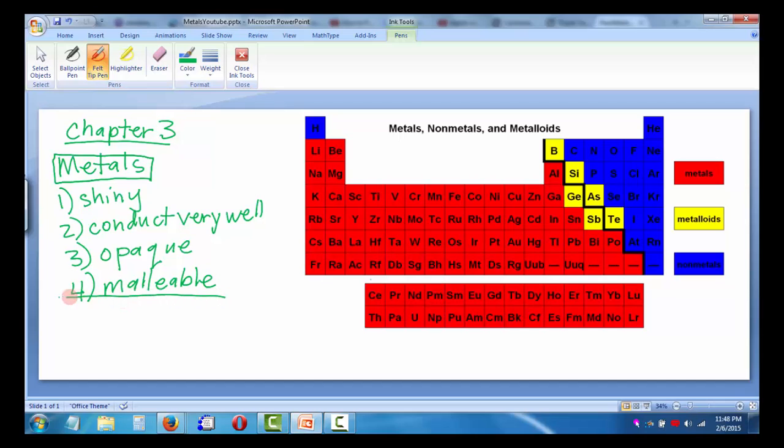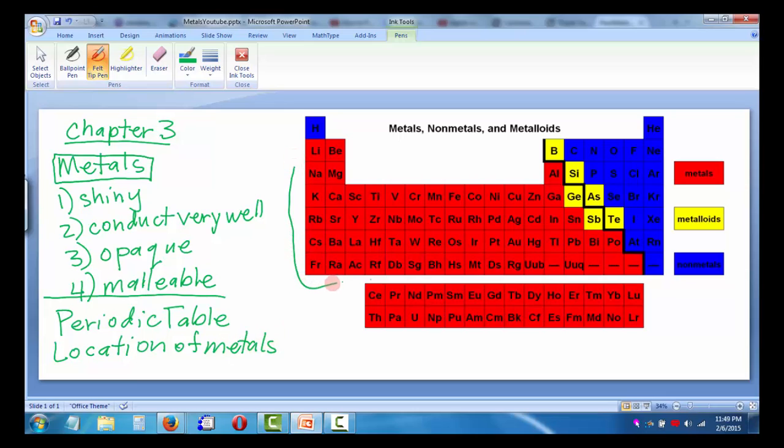Now, these are just some basic characteristics, but when we look at the periodic table, and we talk about the location, we can see here that this area of red that's highlighted, and this is a slight variation from your textbook, but this area of red are all considered to be metals, this entire area of red.